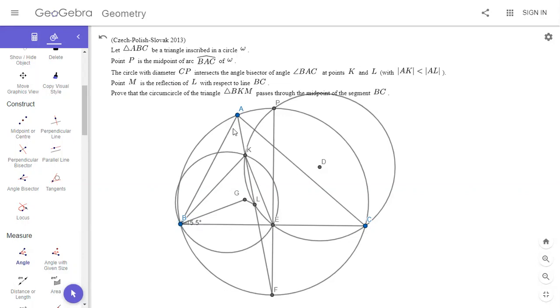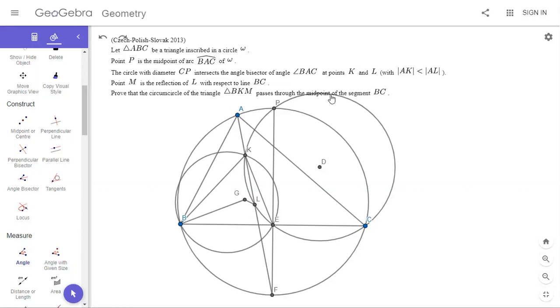But these angles were equal? 15.5, 15.5. But I thought these would then also have to be equal. What? Oh, I was wrong about that.